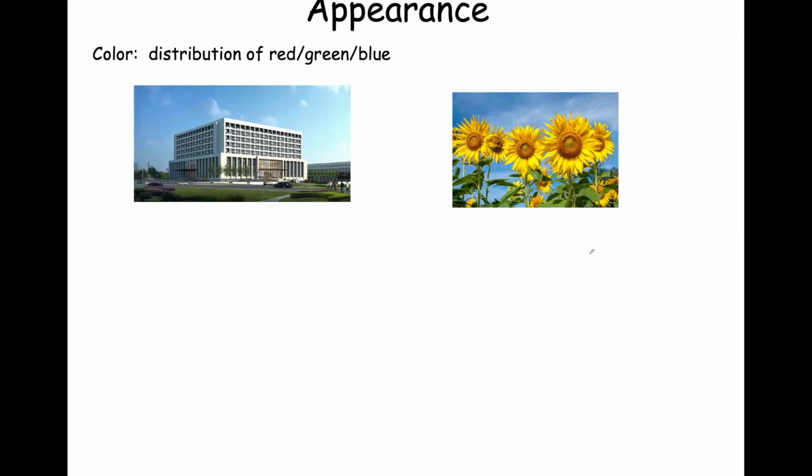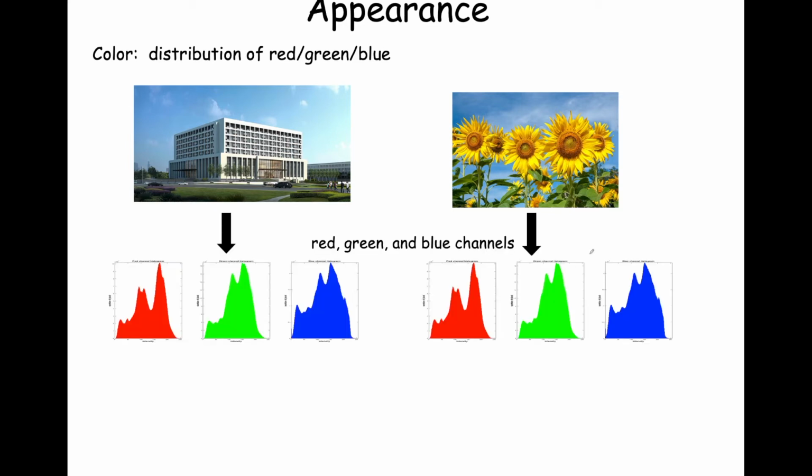All right. So let's take this idea of the distribution of colors. So we have our picture of the building on the left, and we have our picture of the sunflower field on the right. So let's extract the red, green, and blue channels. So there's our red channel, there's our green channel, and there's our blue channel for the building.